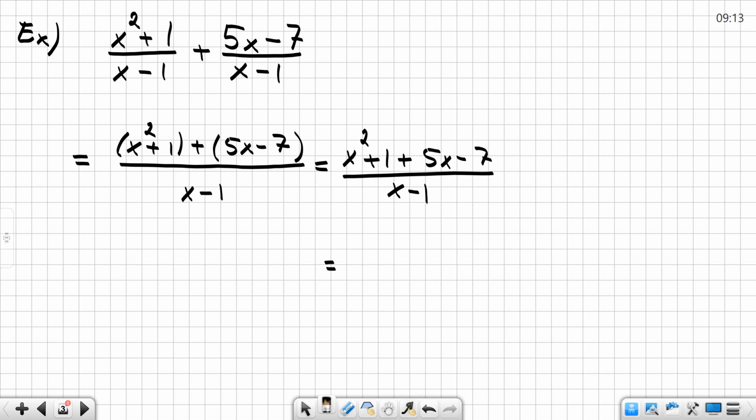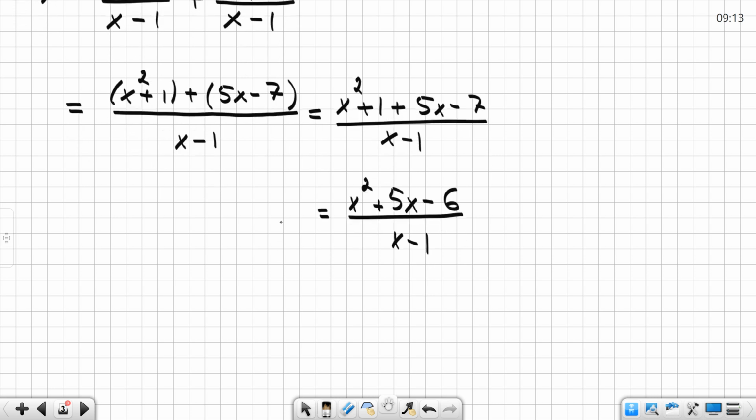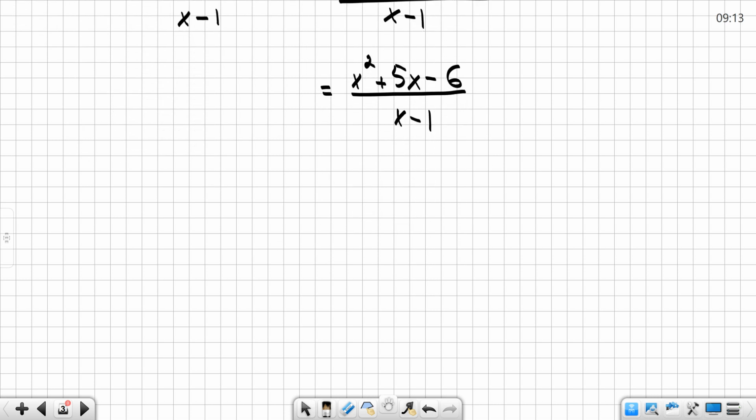I am simplifying the numerator by combining like terms, and I get x squared plus 5x minus 6 all over x minus 1. And now I step back and I look at this expression and I notice that the numerator can in fact be factored.